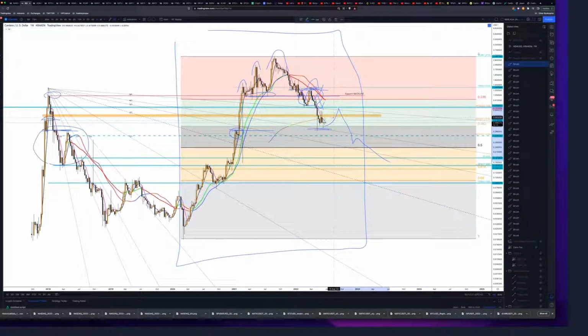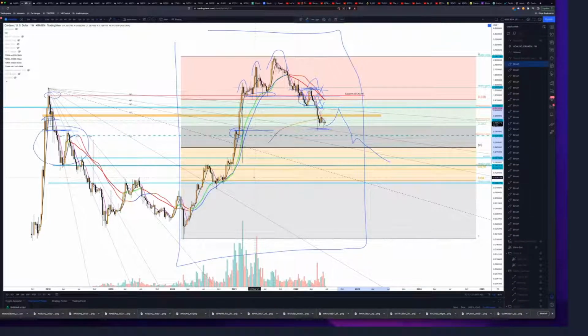We haven't got much volume, and let's just check that volume, see if we've got it here. Yeah, so you can see volume is just miserable. In the COVID scenario, even the COVID scenario had more volume. That was capitulation, and we had greens along the way.